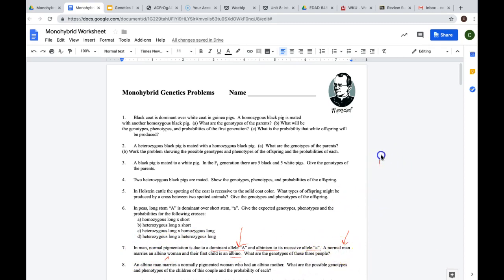So we're going to go big A, little a for the man, and then the mother was recessive because she was albino. So first child's albino. Only way that could be would be down here.